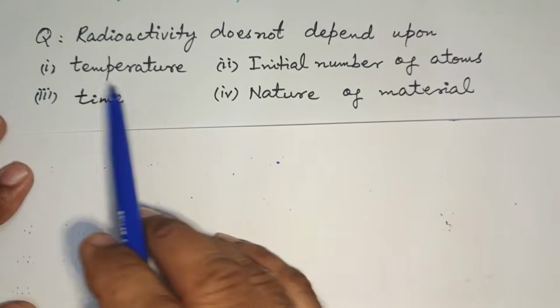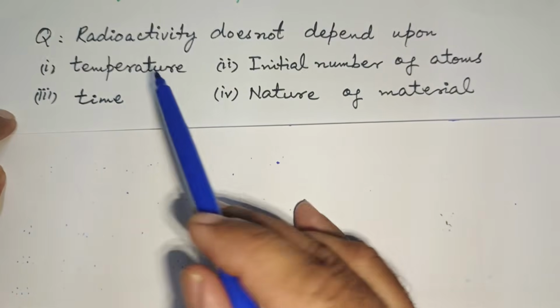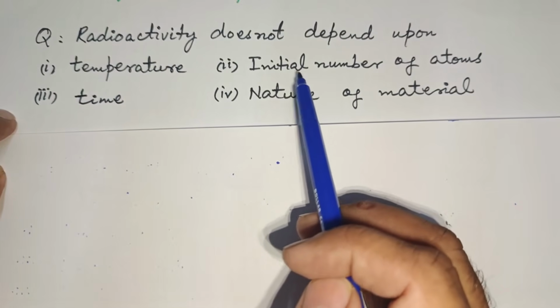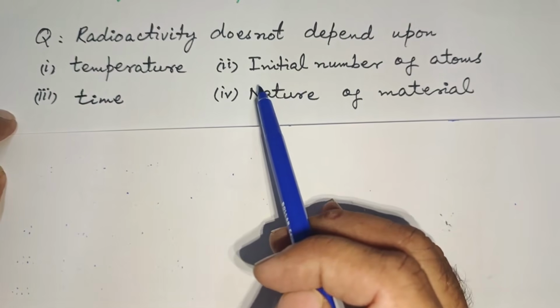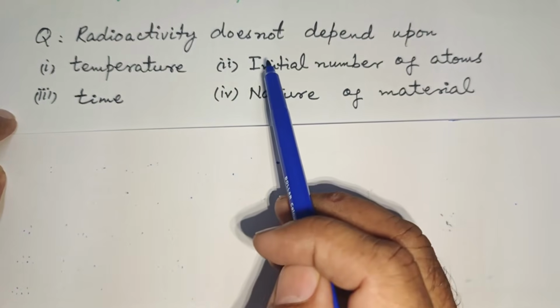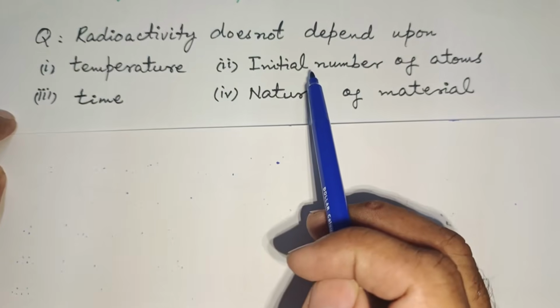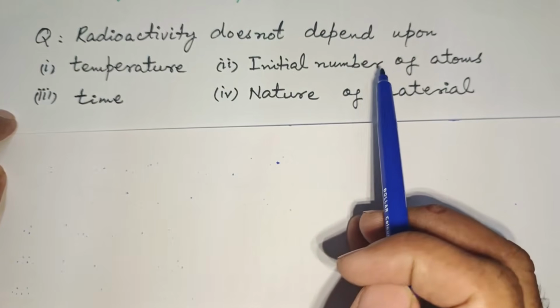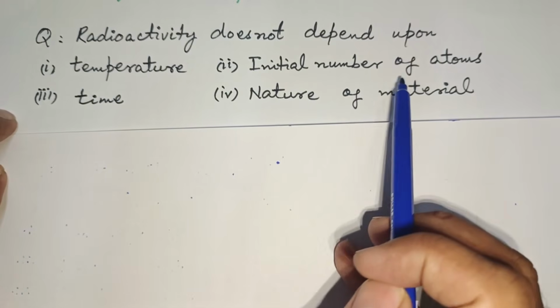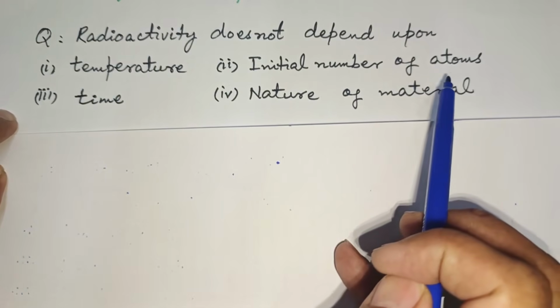Radioactivity does not depend upon. Radioactivity is a natural process in which elements with atomic number greater than 82 disintegrate spontaneously. This is natural radioactivity. So it does not depend upon which temperature, initial number of atoms. It is very important, initial number of atoms.